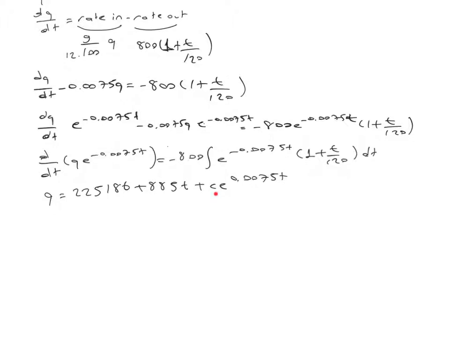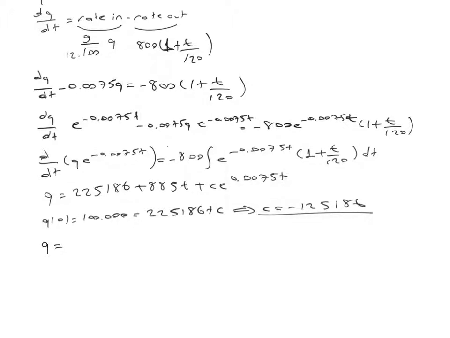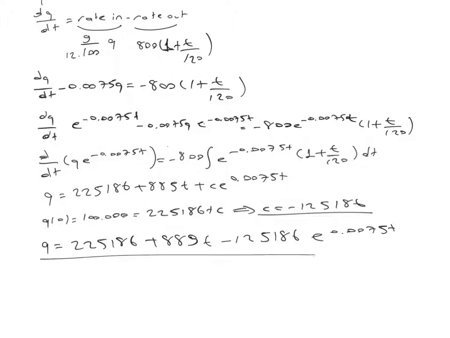In order to find this constant C, we will use the initial condition, which is Q0 is equal to 100,000, and from here C is equal to minus 125,186, and we will use this constant C in our equation, so Q is equal to this, and this is the function that we look for.